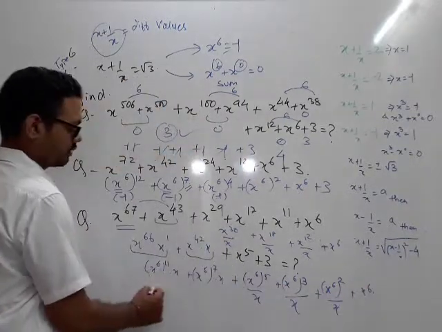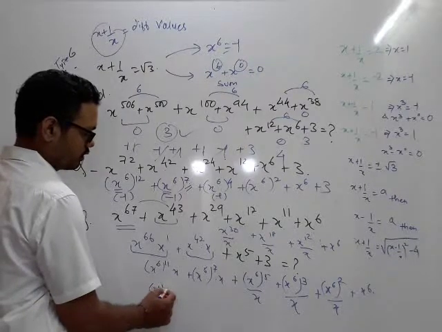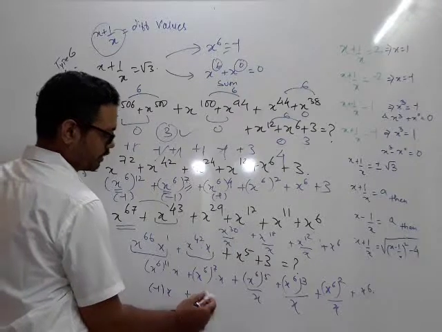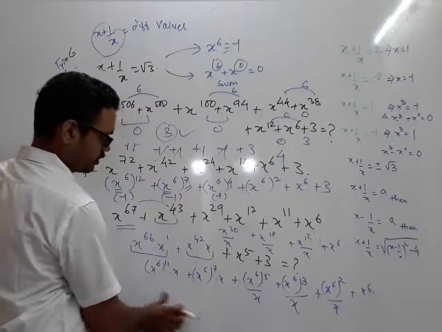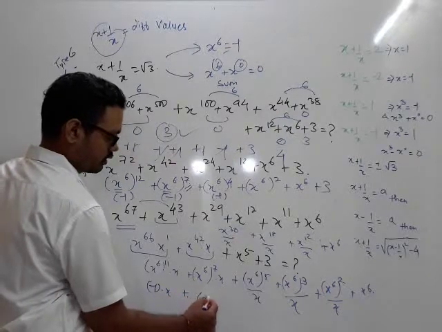So it is nothing else but minus 1 raised to 11, which will be minus 1, and this is x, so it will become minus x. This will be again minus x, so you can directly write it as, okay, let's not directly write it.